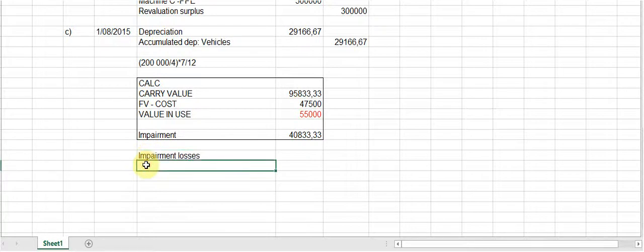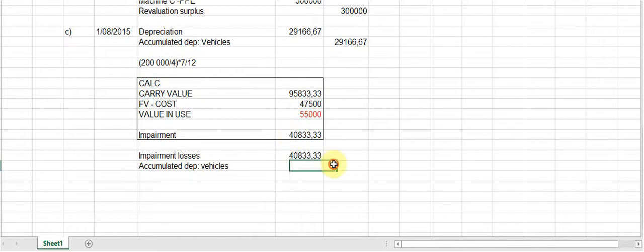I credit the accumulated depreciation, which is for vehicles, and we've just calculated the total there. Right, that was the impairment loss in note number C.